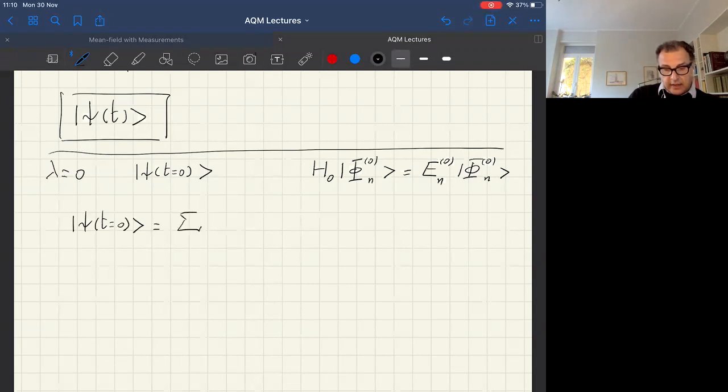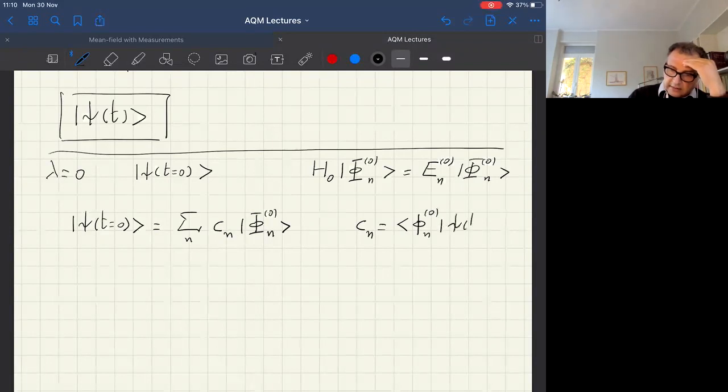So let me write psi at time equals 0 as the sum over n of Cn phi 0 of n, where these Cn are complex numbers. And Cn is nothing else than the scalar product of phi 0 of n with psi at the initial time.